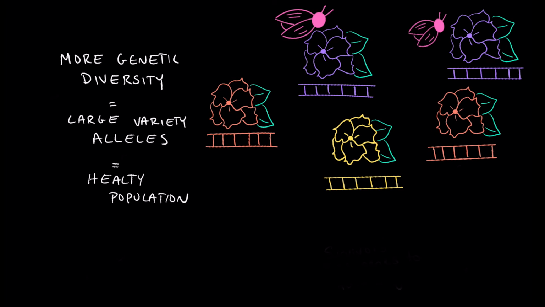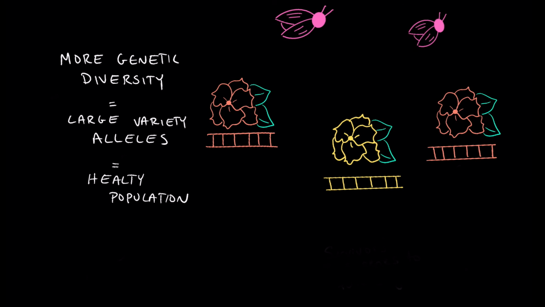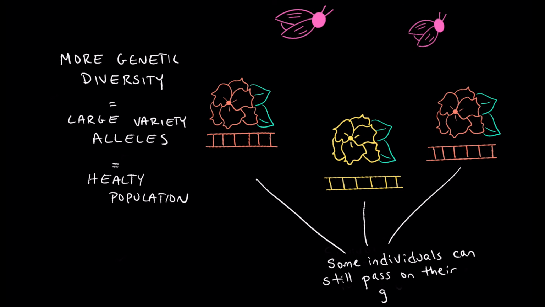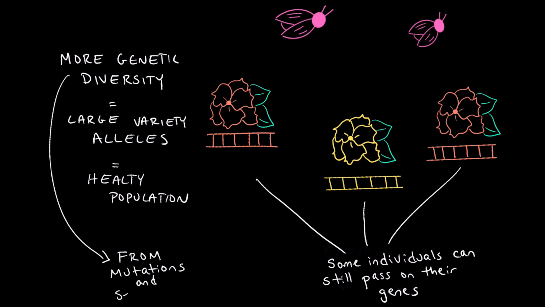If a whole bunch of beetles come in and they specifically eat only the purple flowers, having flowers around with other alleles that give rise to different colored traits allows some of those individuals to still be able to pass on their genes to future generations, helping the population adapt. And all that genetic variation comes from mutations and sexual reproduction.